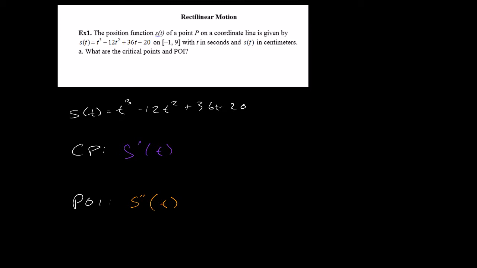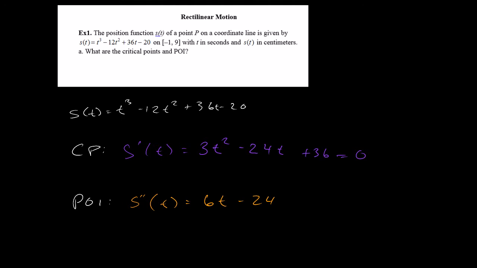For critical points, we find our first derivative, so we're going to have 3t squared minus 24t plus 36. Second derivative, we're going to have 6t minus 24. To find those, we have to set each equal to 0. So when is this thing equal to 0? Well, we have a quadratic.